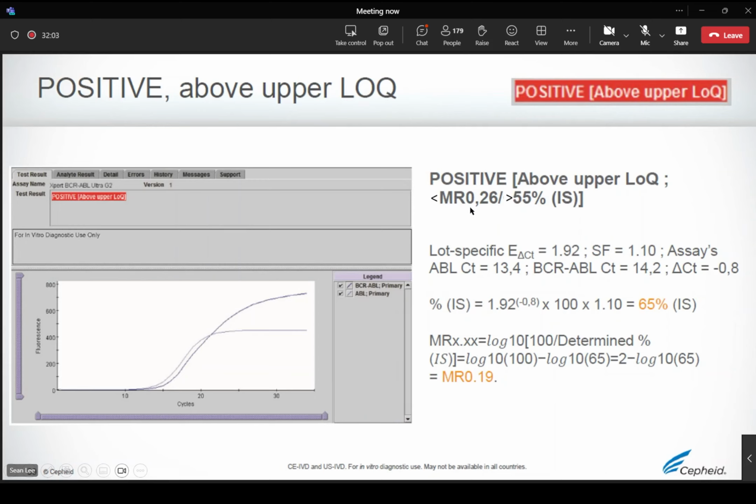So by how much? You can do a simple manual calculation. For this case, you get the efficiency values and the scaling factor from the COA. Then you can get 65% IS value and MR 0.19 in this case. So this you have to do manually.